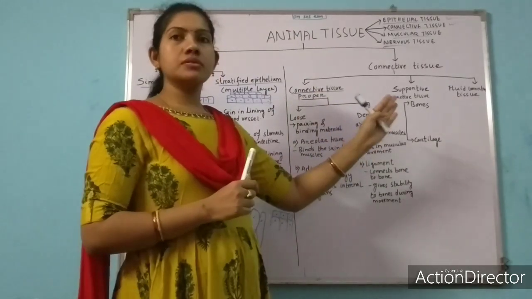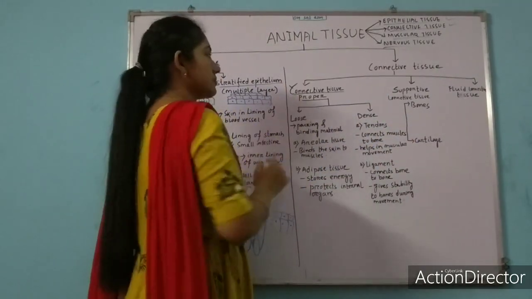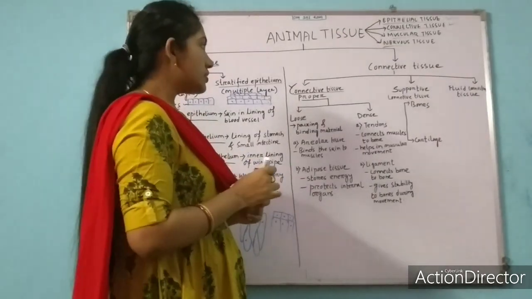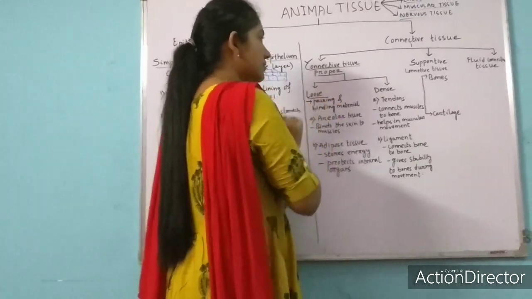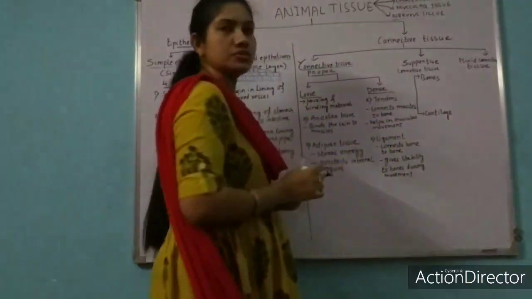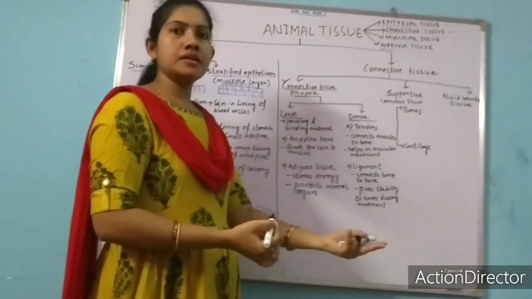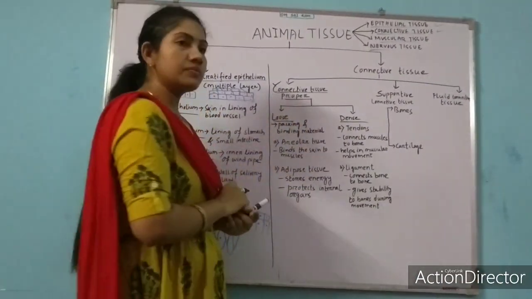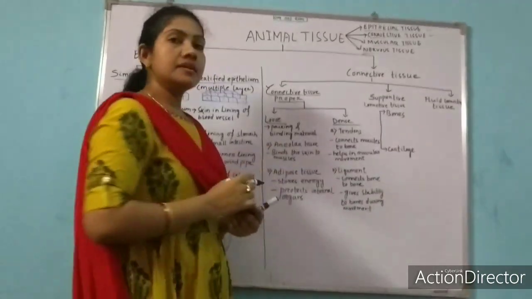Let's discuss one by one. The first one is connective tissue proper. Connective tissue proper is again of 2 types: loose connective tissue and dense connective tissue.